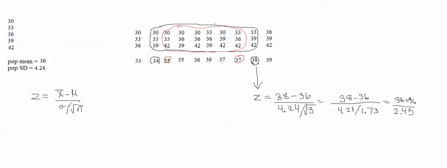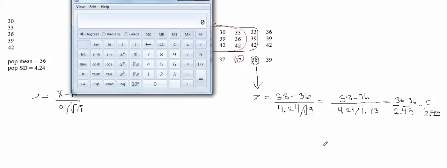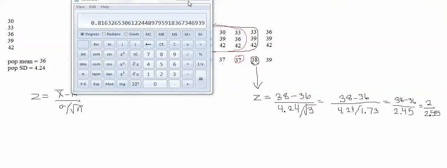Now we subtract on top. 38 minus 36 is 2. It's 2 over 2.45, which is about 0.816.